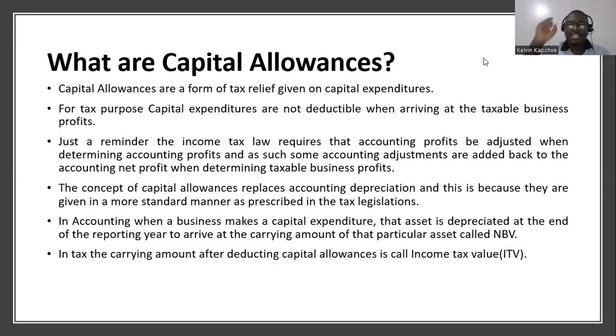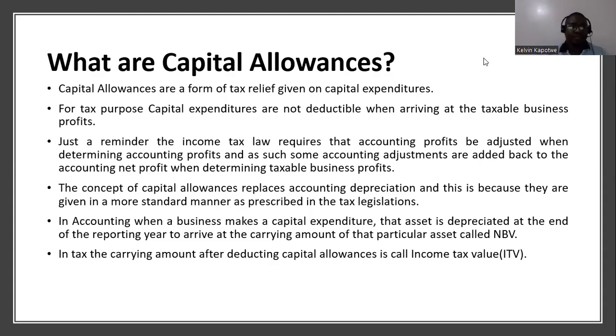As such, accounting adjustments are added back to the accounting net profit when determining the taxable business profit. So we are going to look at these terminologies and also understand how we make these adjustments.